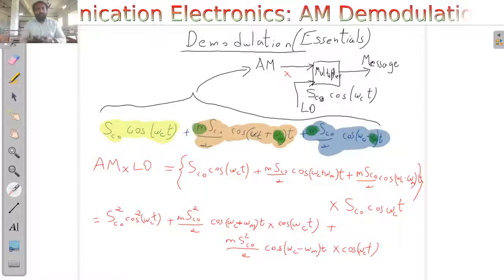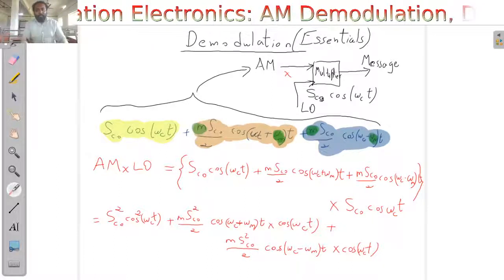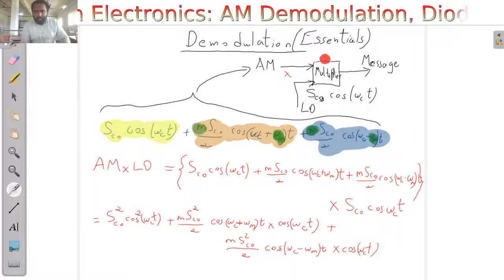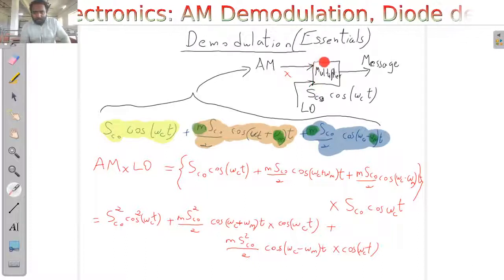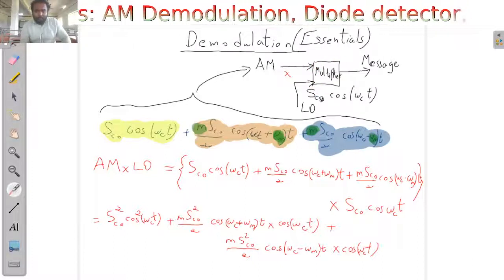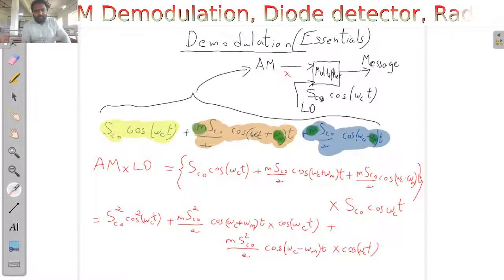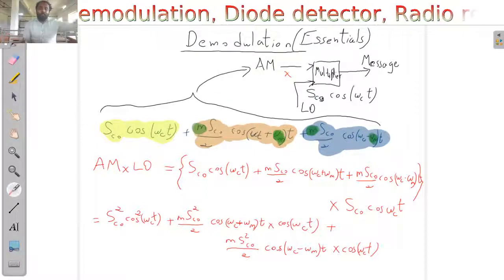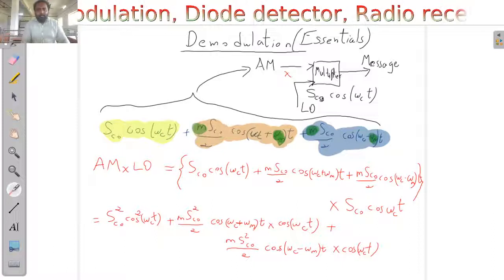That process is called demodulation, and for that process what we require is a multiplier. I am showing a multiplier here. It has two inputs. One input is our amplitude modulated signal that is coming from the free space or any other media.